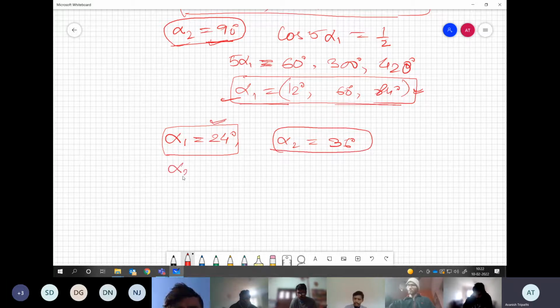Now, if I say alpha 2 is, let us say, 84 degree, then what is the possible solution for alpha 1?